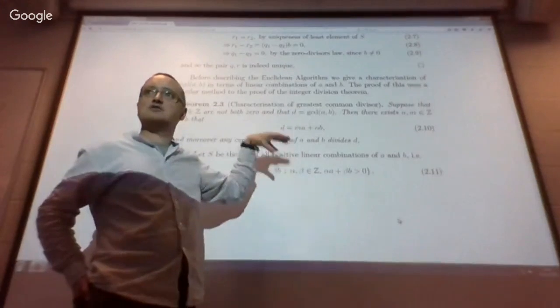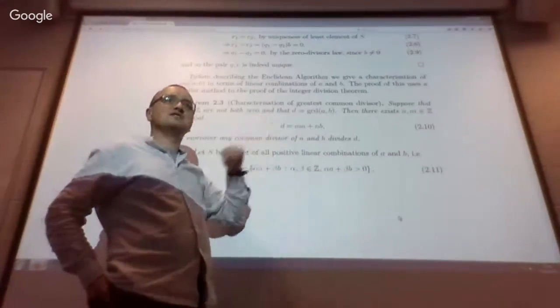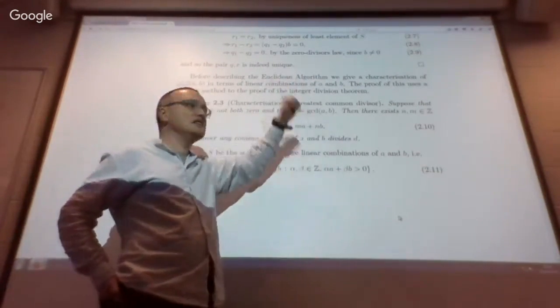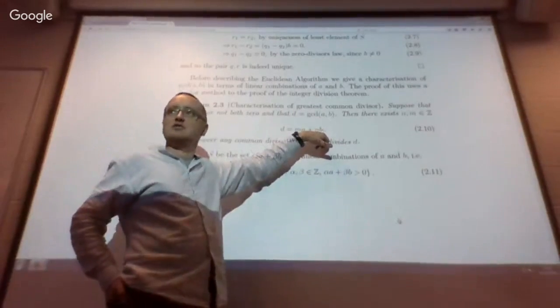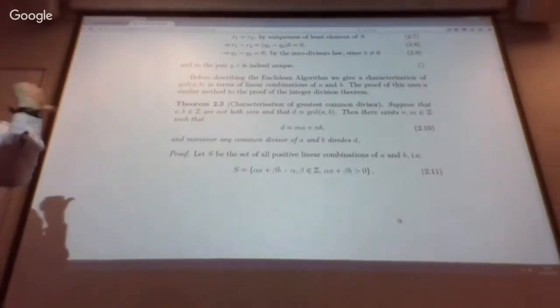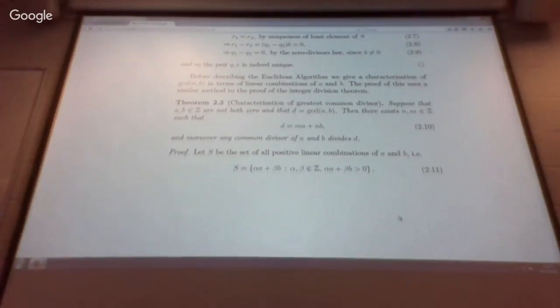It doesn't do that. All it does is say that, well, somewhere out there in the ether are floating around two integer coefficients M and N that will make that equation work. That will give you the GCD when you perform that linear combination of A and B.